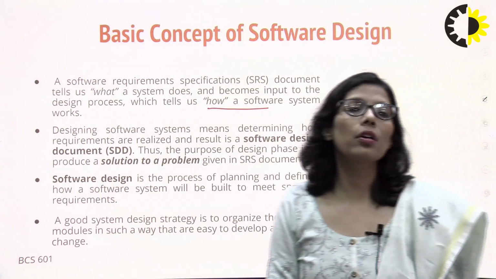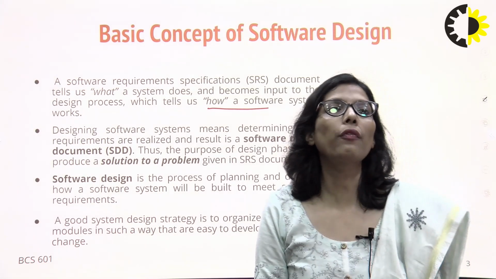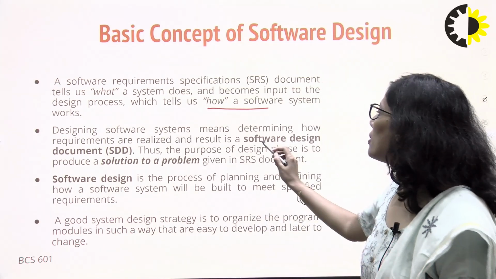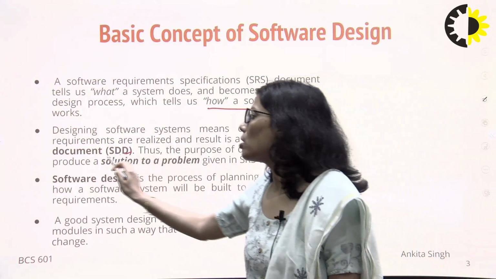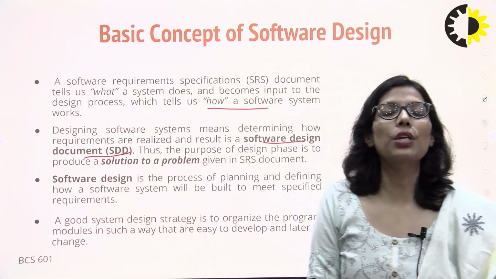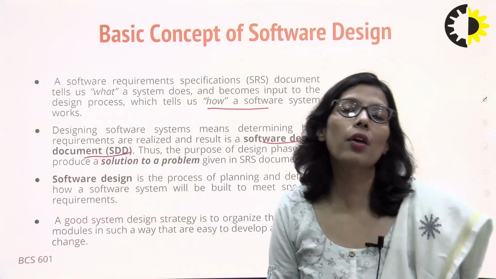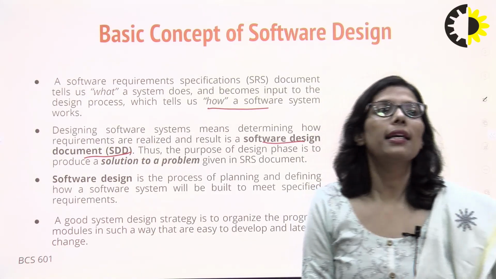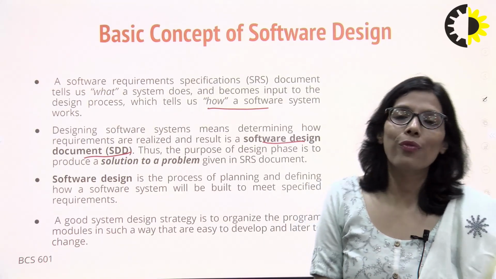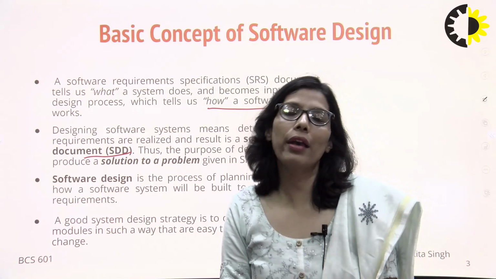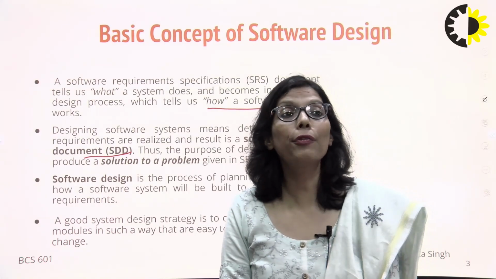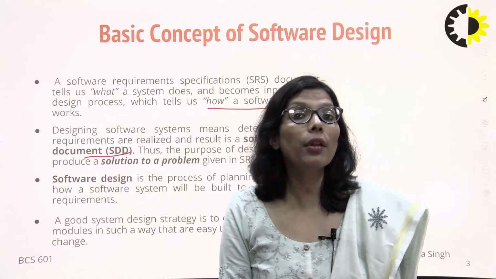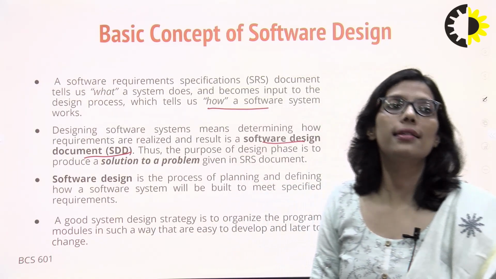At the end of software design, we will have a document known as the software design document. Requirement specification was the description of the problem, whereas software design is the solution to the problem. When we have identified and documented the problem, we now have to solve it. To solve the problem, we do the design.